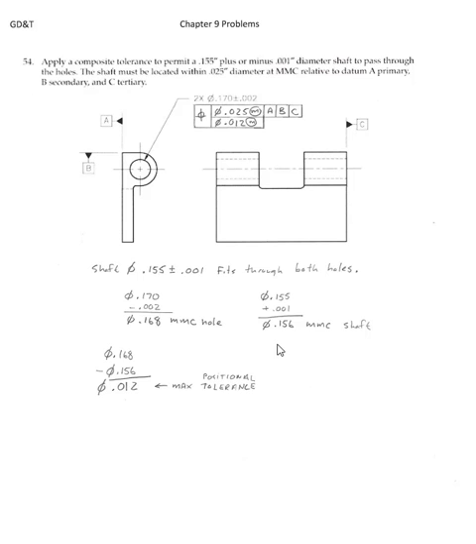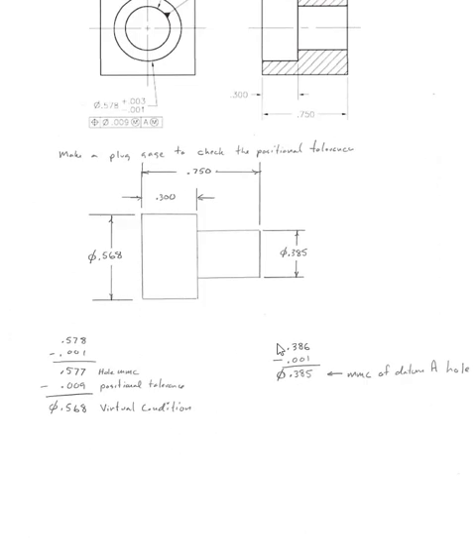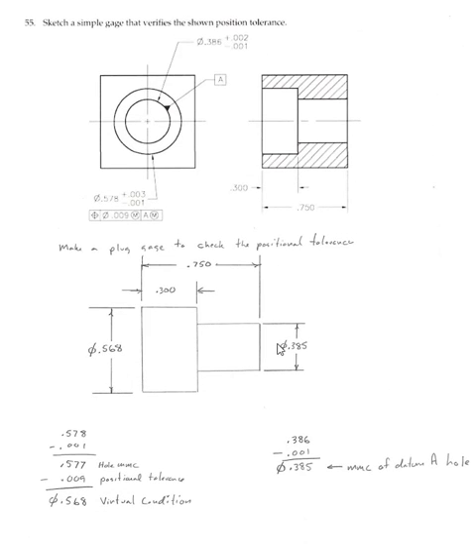The next one people had some trouble with was designing a functional gauge for this simple sketch here. What we have is a counterbore hole, essentially, in a square block.